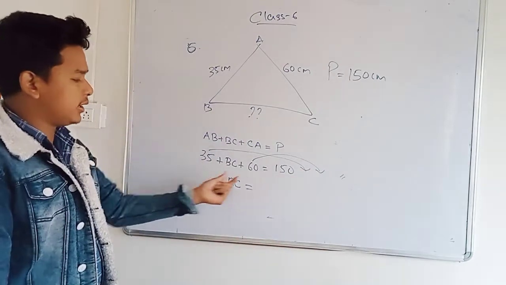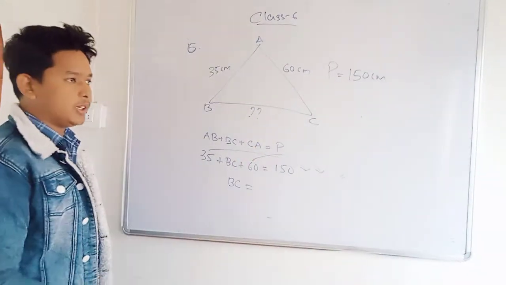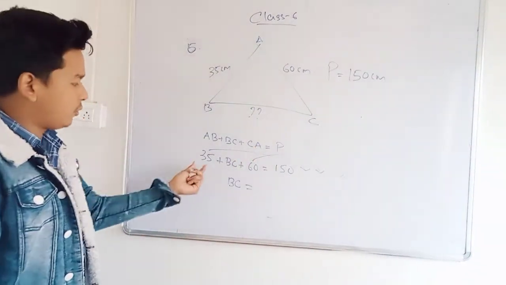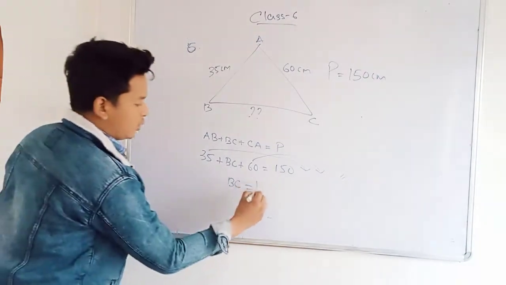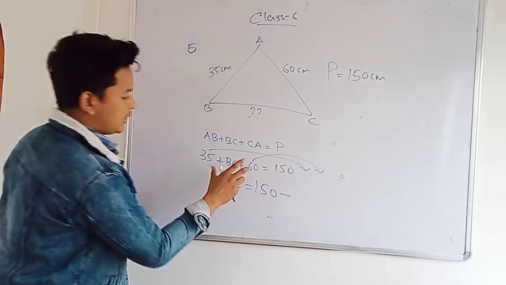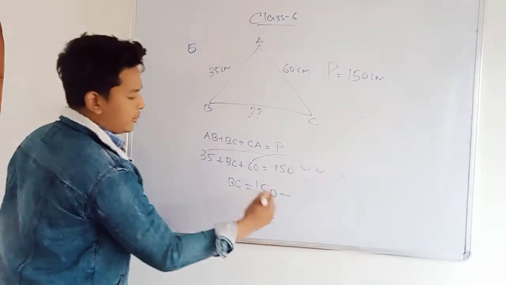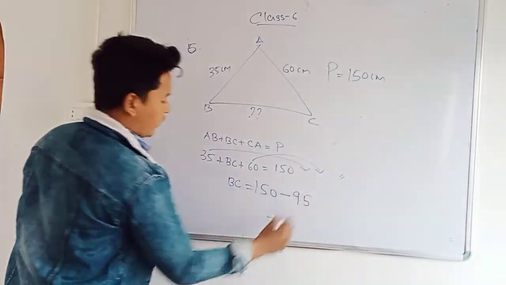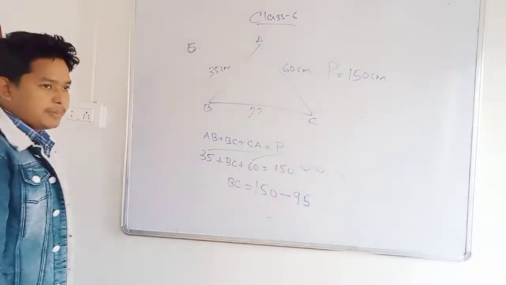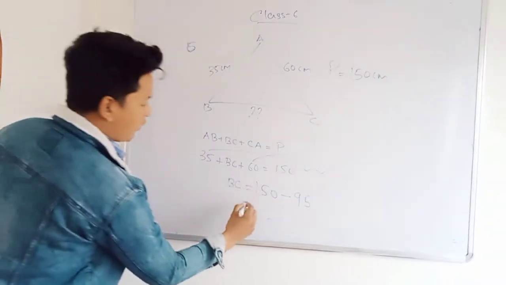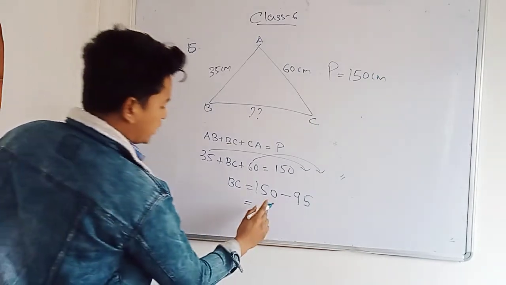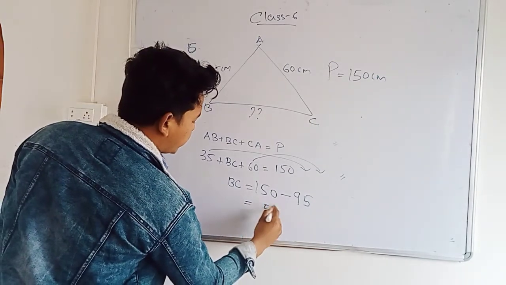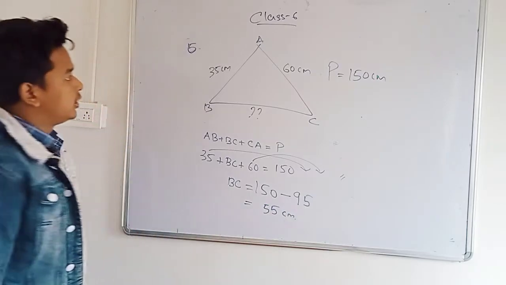Now if we take the number to the other side, it will be minus, right? So first of all add this. 60 plus 35 is 95. So 150 minus 95 is 55. Yes, 55. So your BC is 55 centimeter.